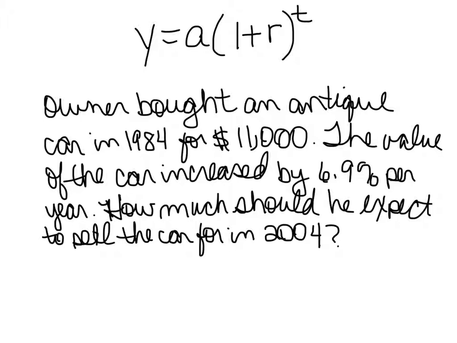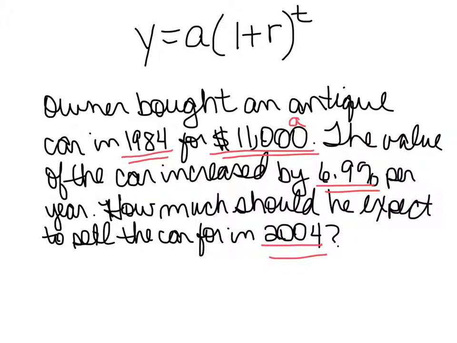How much should he expect to sell the car for in 2004? Let's find our important information. We know that the initial value is 11,000, so that's the A. The rate is the next thing we need to know, and it says 6.9%. And t is the amount of time. He bought it in 1984, and he wants to sell it in 2004, so that's 20 years.